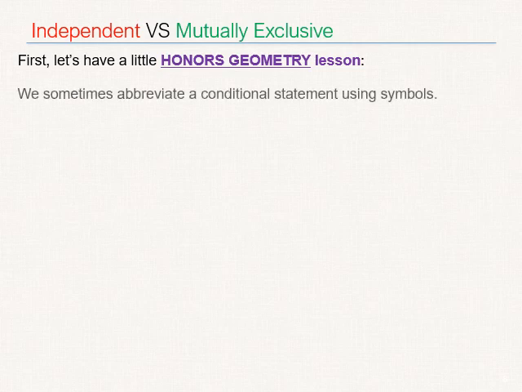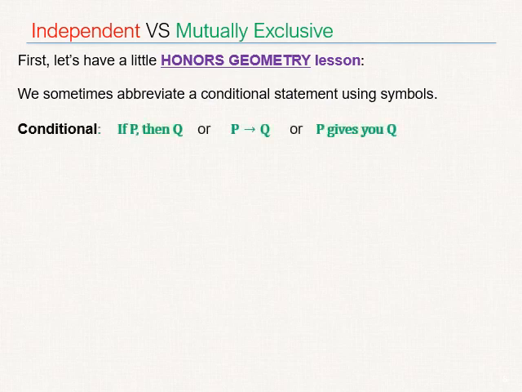All right, so first we want to talk about conditionals. We often use symbols to indicate conditionals. A conditional, if you remember, is just an if-then statement in geometry. So a conditional is something like if P, then Q. Sometimes we say if P is true, then Q is true.